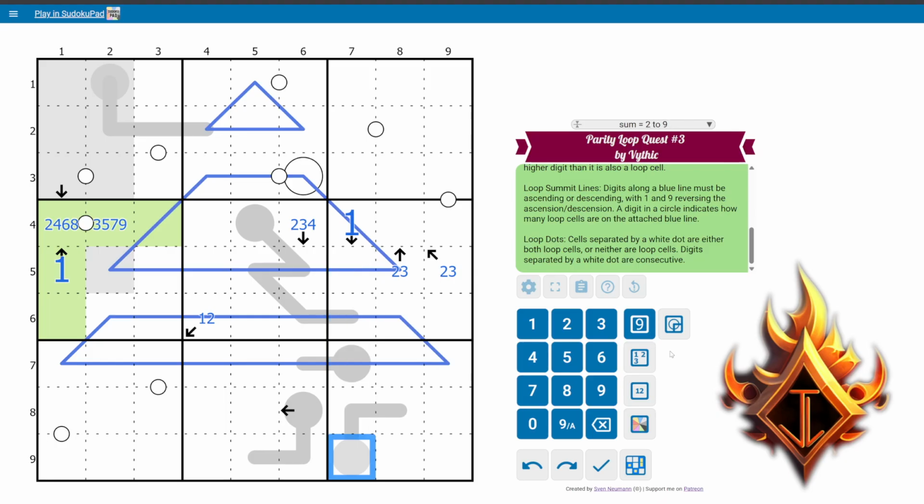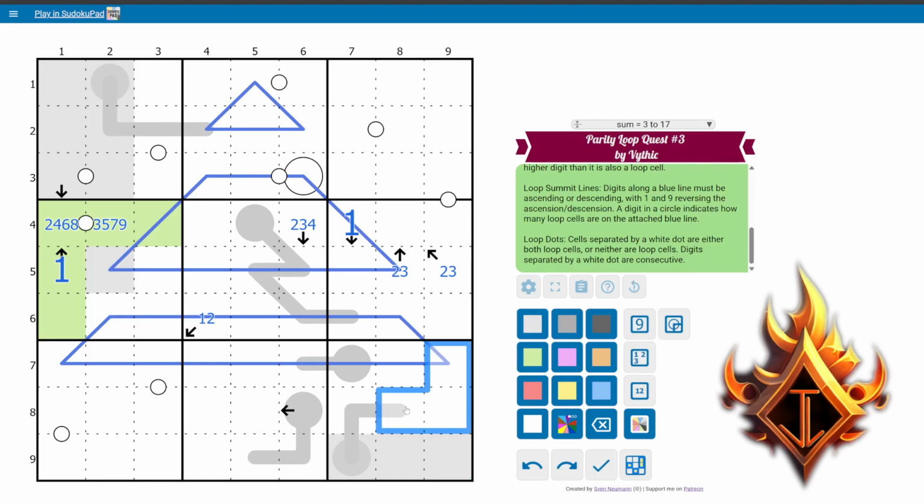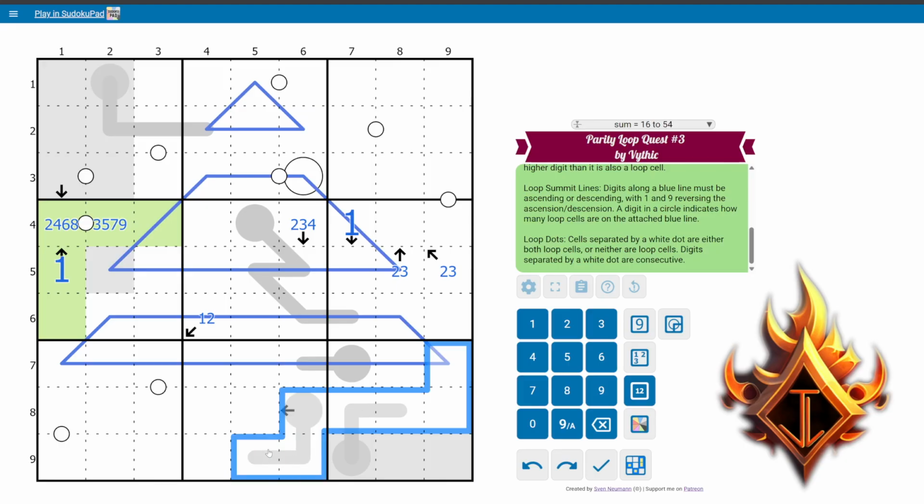So we can't have this one. So we can't have this one. Can't have that one. That might be okay.